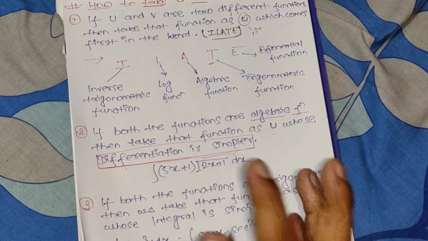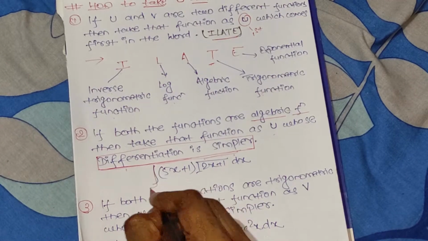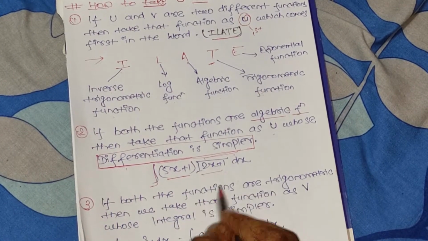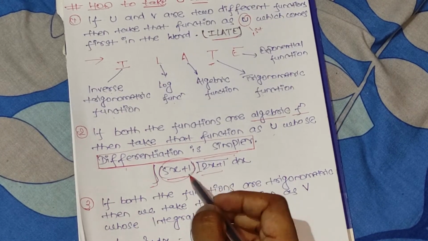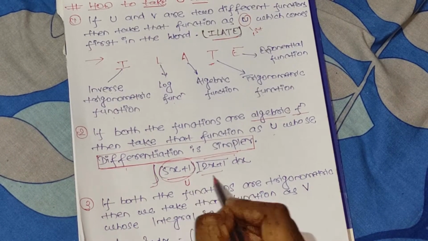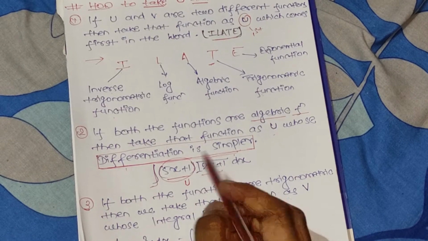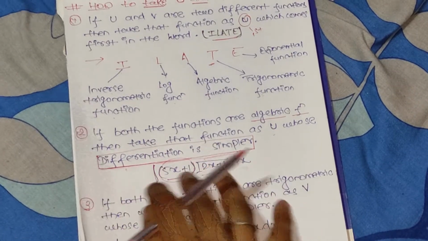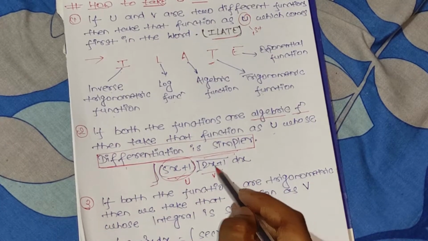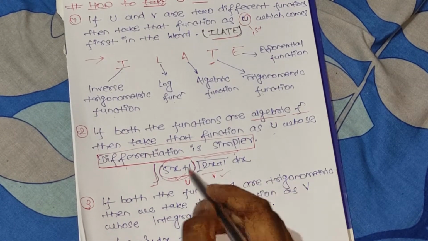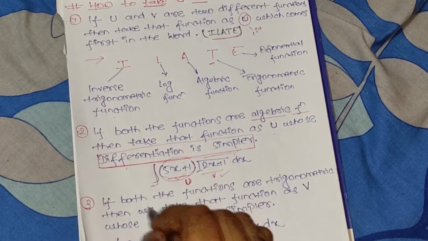You will get many times the same kind of function. In this example you can see that this function has easy differentiation. So this function becomes u and this becomes v. You can find the differentiation of both, but it is much easier for this one. So this function becomes u.